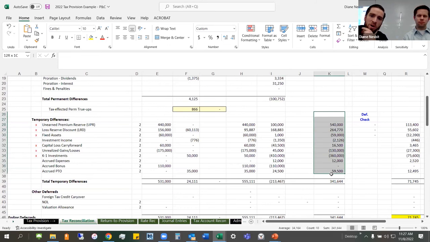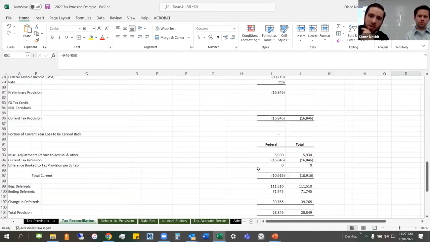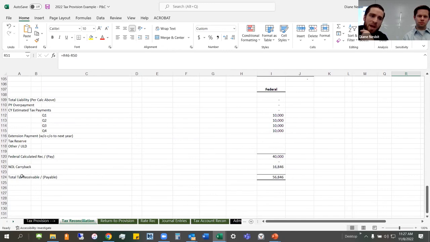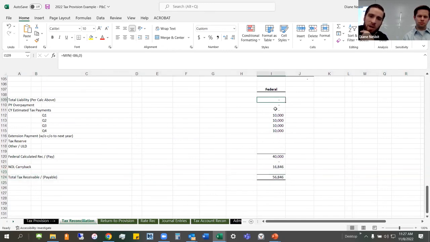We figured out what our deferred tax assets and liabilities on our balance sheet are first, to come up with, hey, well, our expense is going to be just the change in the balance sheet account. And then on the current piece, it's okay, let's figure out what my balance sheet number is. And we just figured out, okay, I've got no liability, estimated payments, and I've got a carryback claim. I'm pretty comfortable. This is my balance sheet receivable.